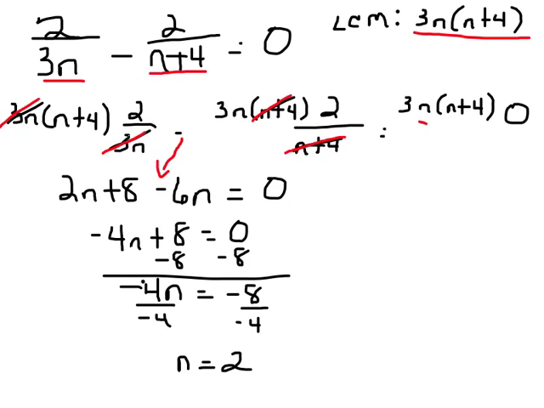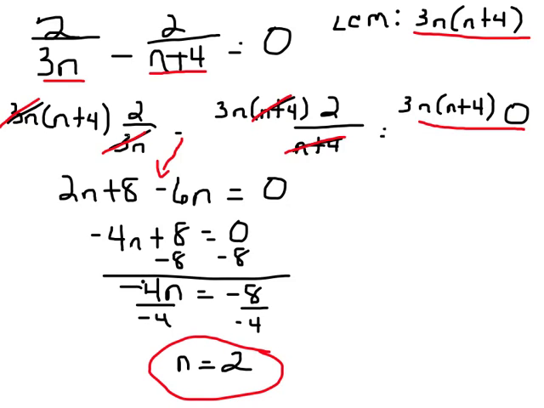And then again, anything times 0 is 0. So we have, again, like terms we can combine. 2n minus 6n is negative 4n plus 8 equals 0. Move the 8 by subtracting 8 on both sides, and we have negative 4n equals negative 8. Divide both sides by negative 4, and we see that n is equal to 2.